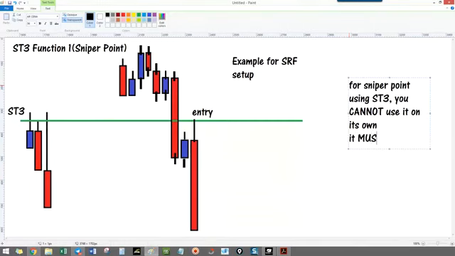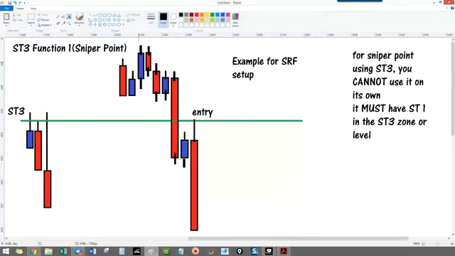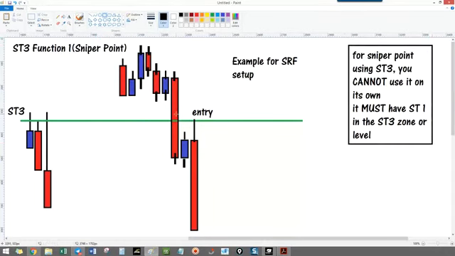It must have ST1 in the same zone, in the ST3 zone or level. Okay.